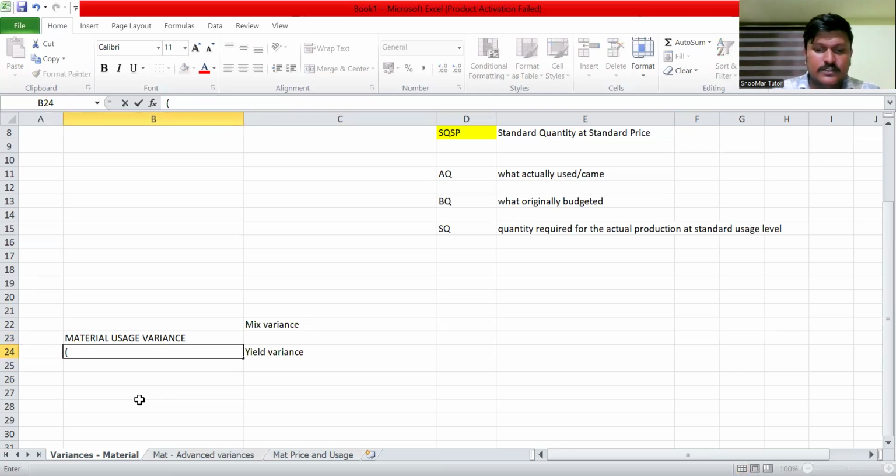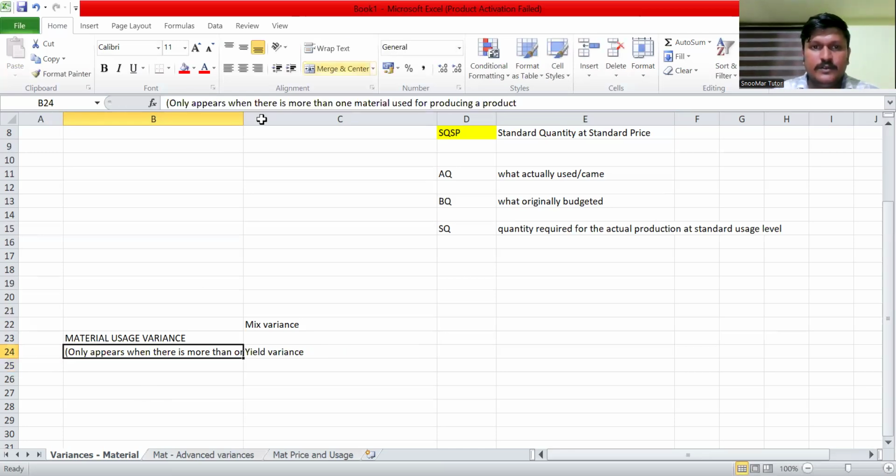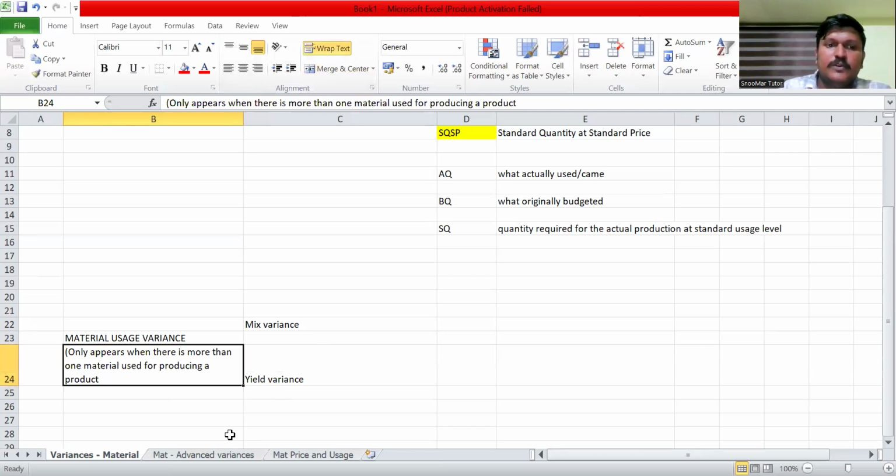And to be noted, as I explained before, it only appears when there is more than one material used for producing a product. So this is what you have to see.